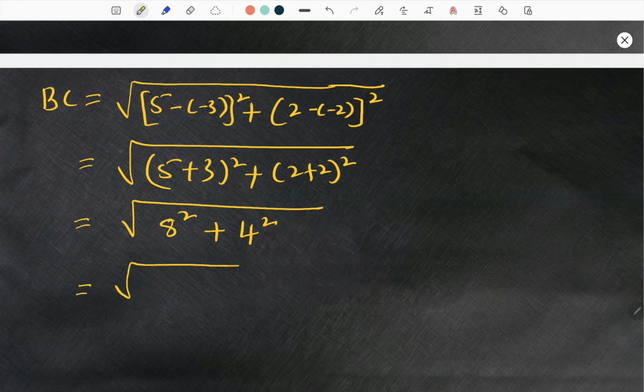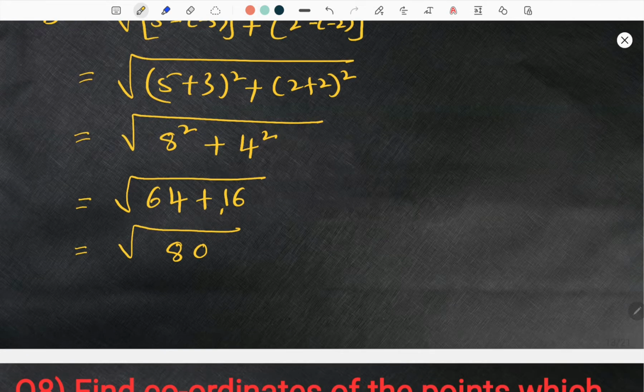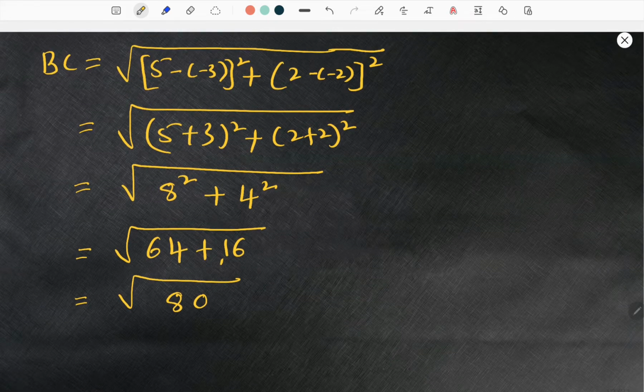So it becomes under root 64 plus 4 square is 16, and ultimately it becomes under root 80. You can make a little bit of changes here. You can find out its prime factorization.